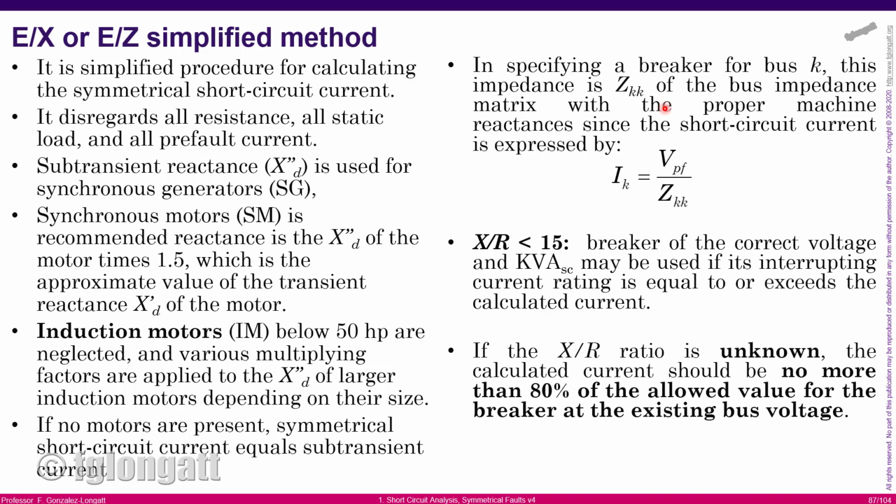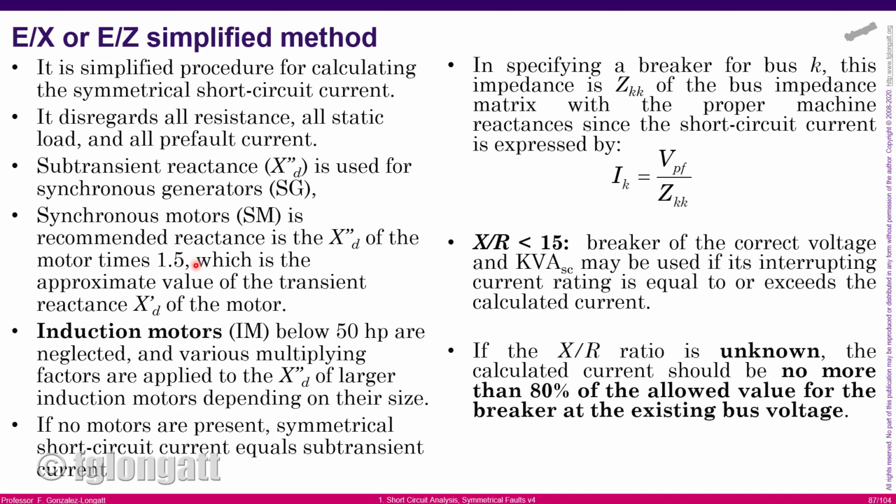We will not cover that, but I will just show you a short introduction. ANSI has one simplified method that is called the EZ or EX method. It's basically a method that allows you to simplify the calculations by making some assumptions and using some multipliers. For instance, if you are using synchronous generators, you will use the subtransient reactance for your short circuit calculations.